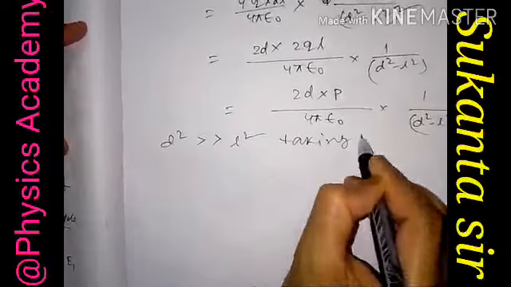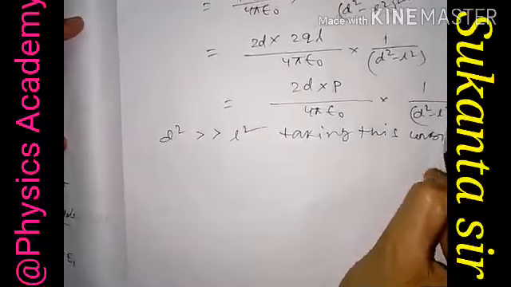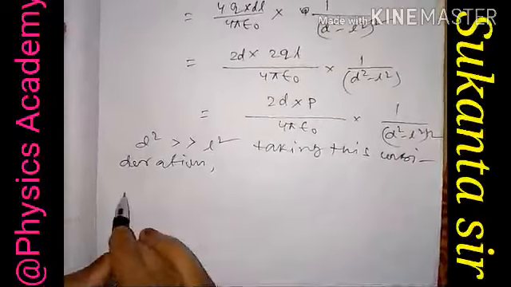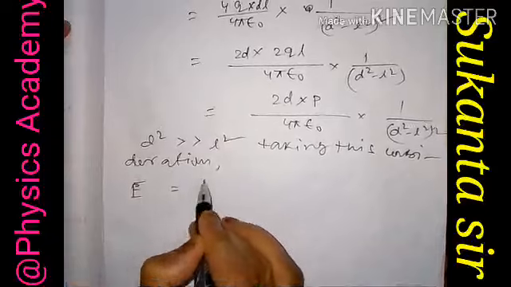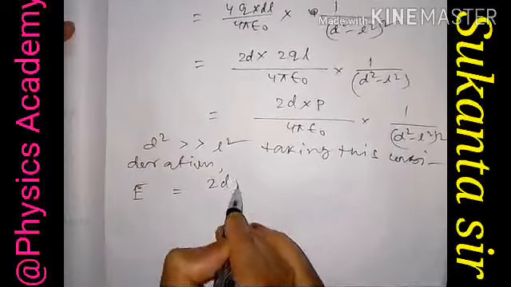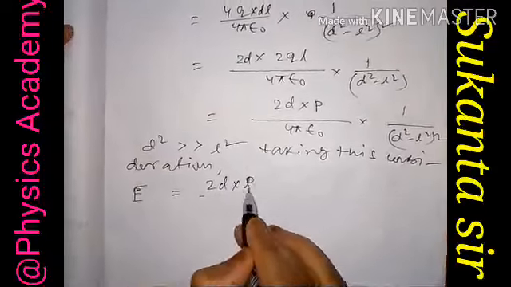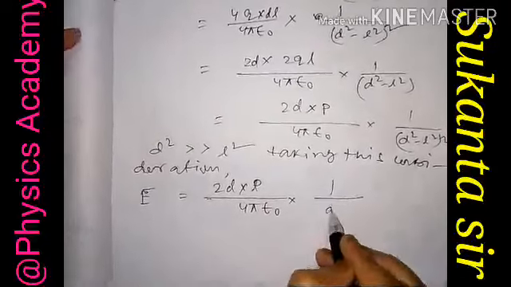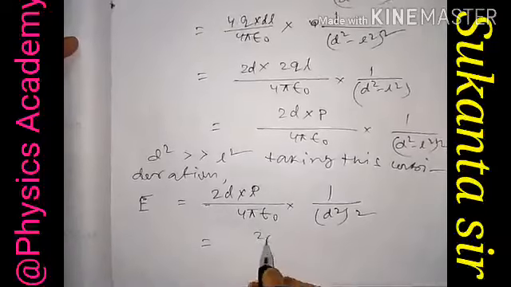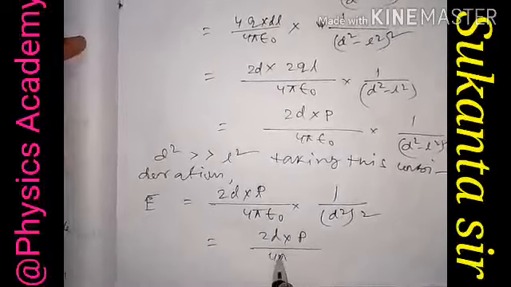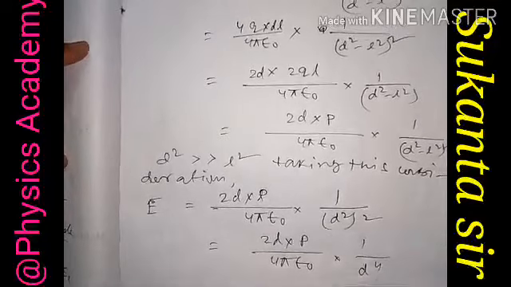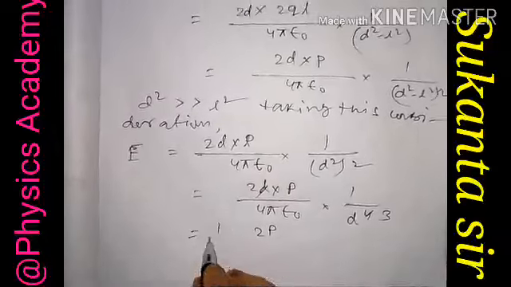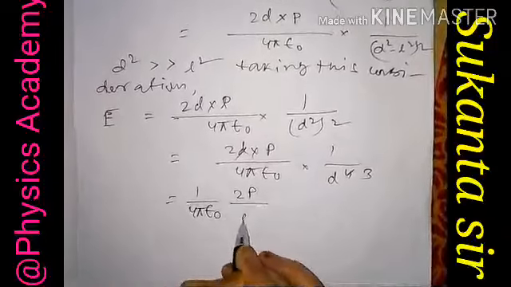Taking this consideration, E equals 2d into p divided by 4 pi epsilon naught into d square whole square, that is, 1 by 4 pi epsilon naught into 2p by d cube.